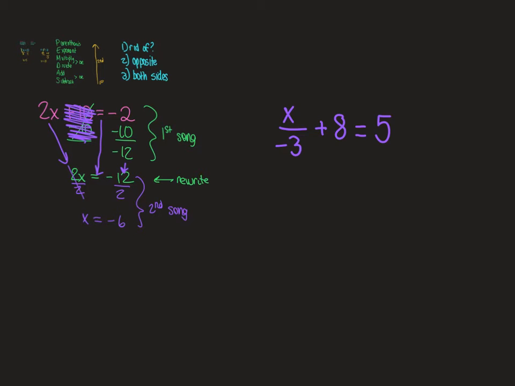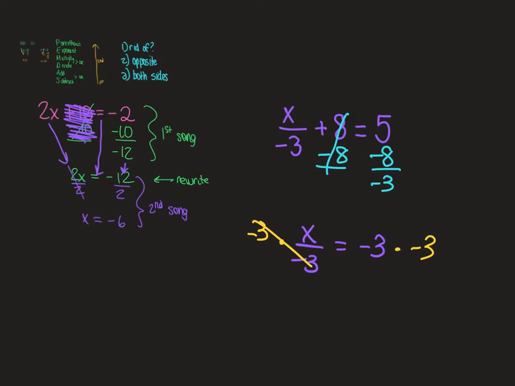So first time through the song, minus 8, cross out, what's my answer. Rewrite. Times by -3, times by -3, cross out, what's my answer. Two negatives make a positive, and I got +9. That took 1, 2, 3, 4, 5, 6 lines of notebook paper.